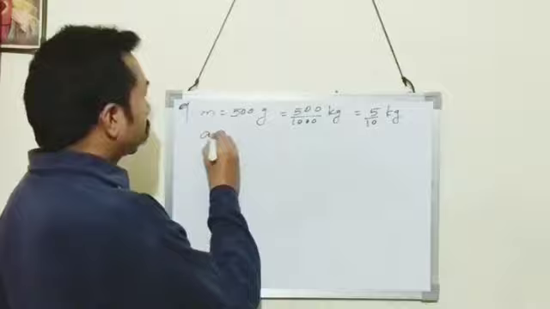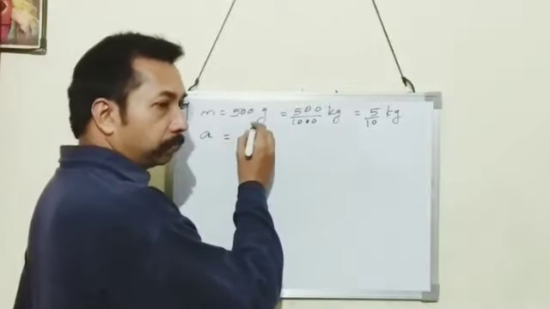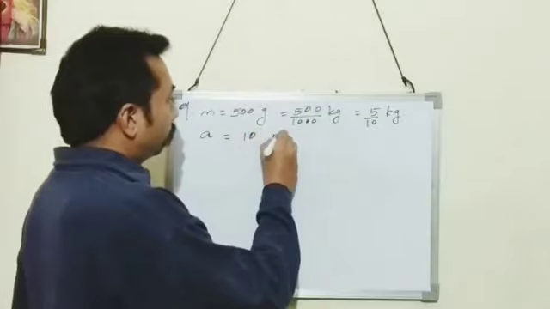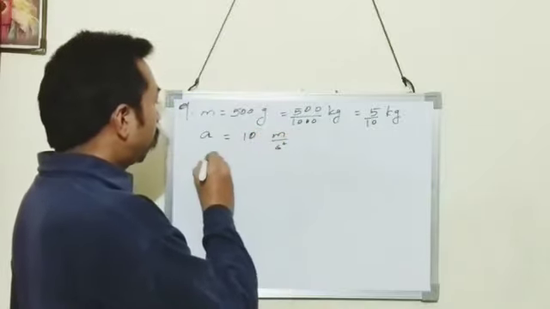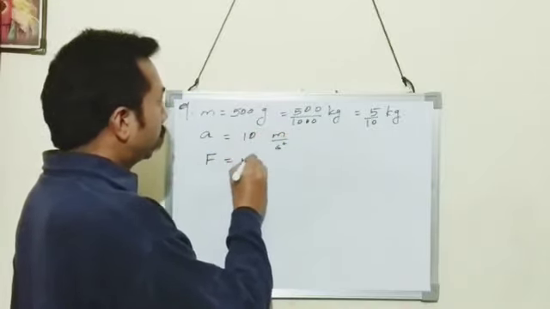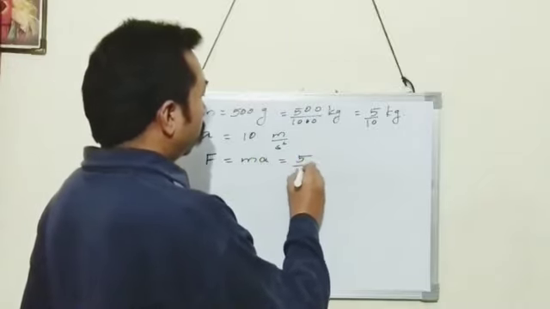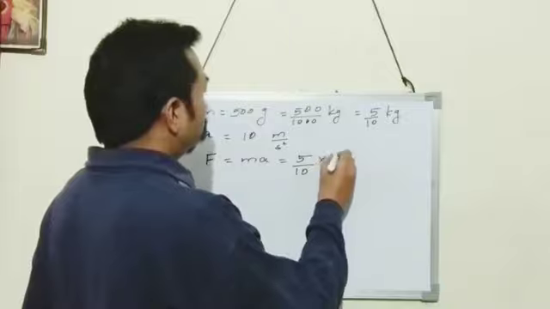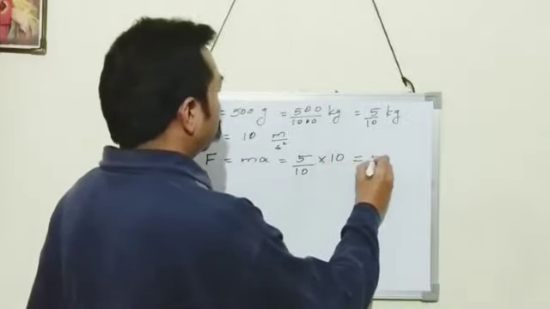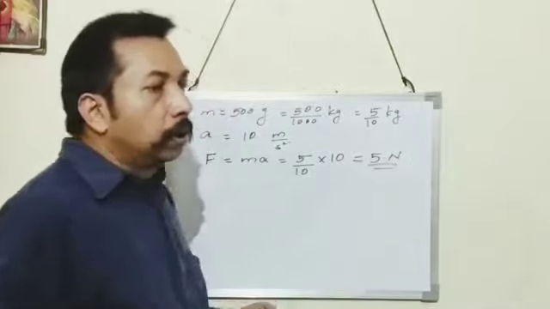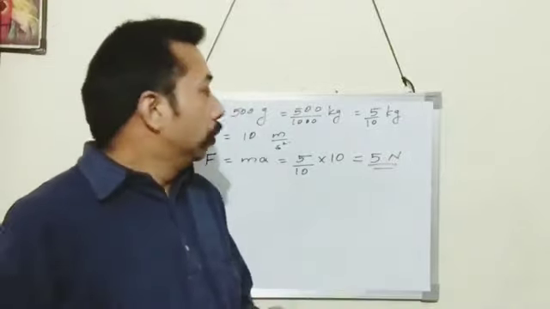Then acceleration is equal to 10 meters per second square. Now we find the force. Force F is equal to m into a, which is equal to 5 by 10 into 10. That is equal to 5 Newton. The force produced is 5 Newton.